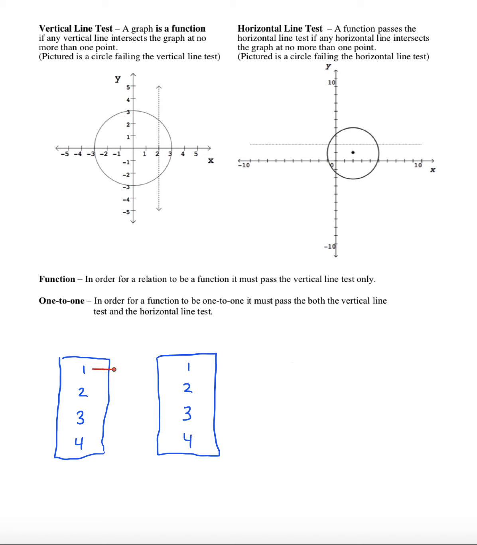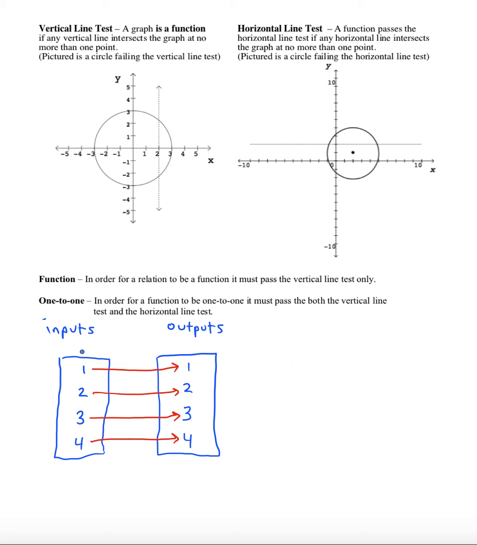Let's have each number match with itself. So 1 leads to 1, 2 leads to 2, 3 leads to 3, and 4 leads to 4. These are the inputs on the left and the outputs on the right.